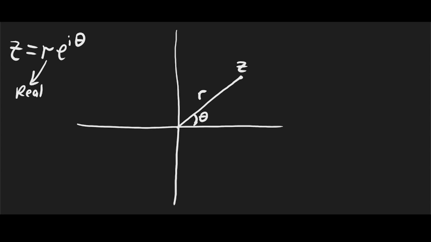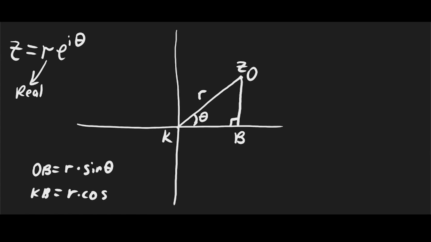If we notice, by using the right triangle property, OB would be r times sine theta, and KB would be r times cosine theta.